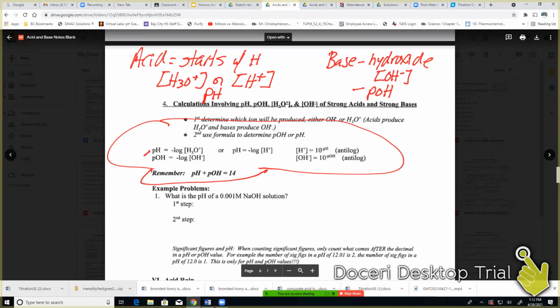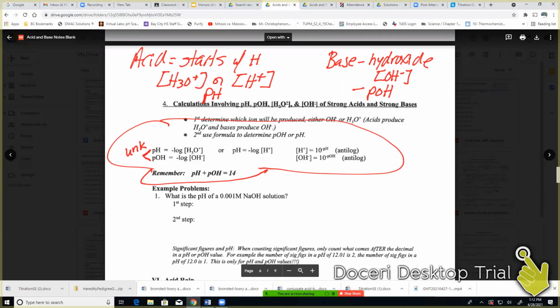So if this is one of your unknowns, so if you're trying to figure out the pH or the pOH, then you would use these formulas. pH has to come from the concentration of the hydronium. We said those two go hand in hand. So if I needed to find my pH, I would take my negative log of my hydronium concentration, and that would give me my pH.